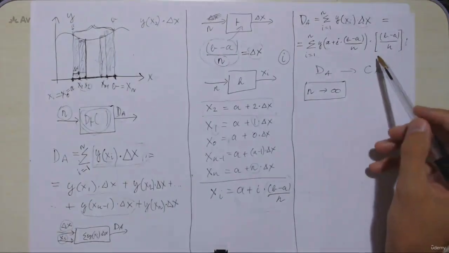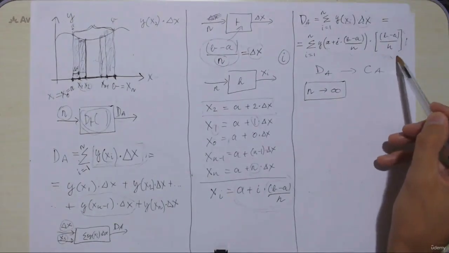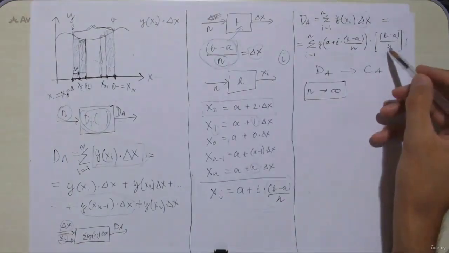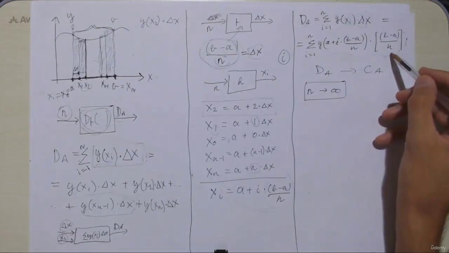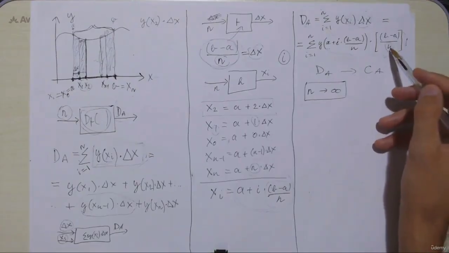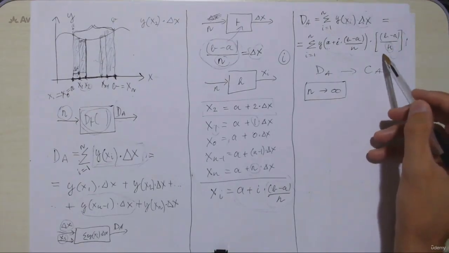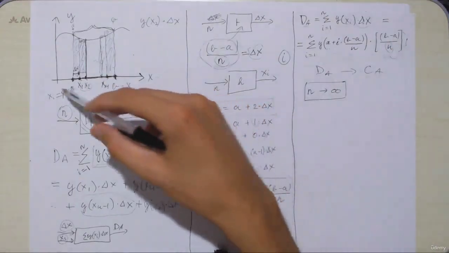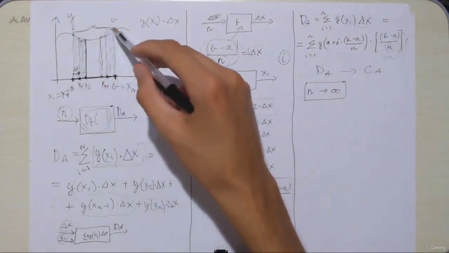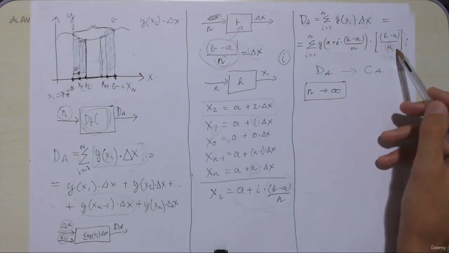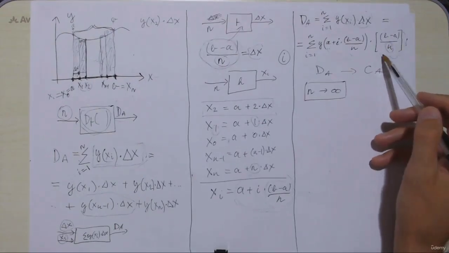So if you look at this term, this is the delta x term. This term becomes smaller and smaller because n becomes bigger and bigger. The amount of rectangles increases, and your interval b minus a, this distance, stays the same, but if the amount of rectangles is higher, then your delta x will be smaller.